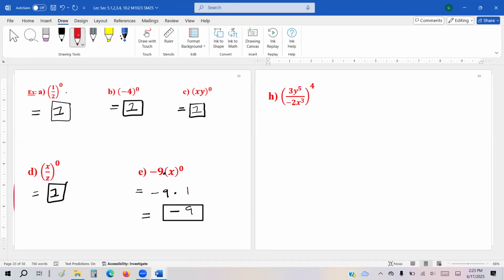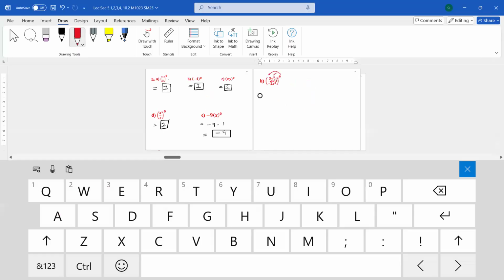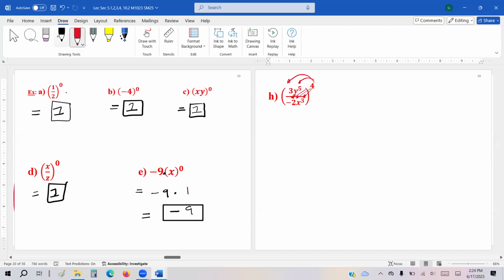Now, step 1, distribute. We have 1, 2, 3, 4, 5 things inside our base. So we are going to write 5 of them with their individual power 4. So we have 3, y to the 5, negative 2, x cubed.